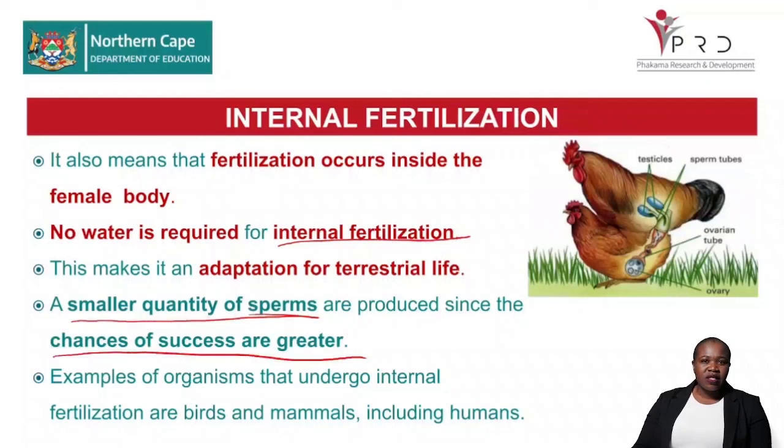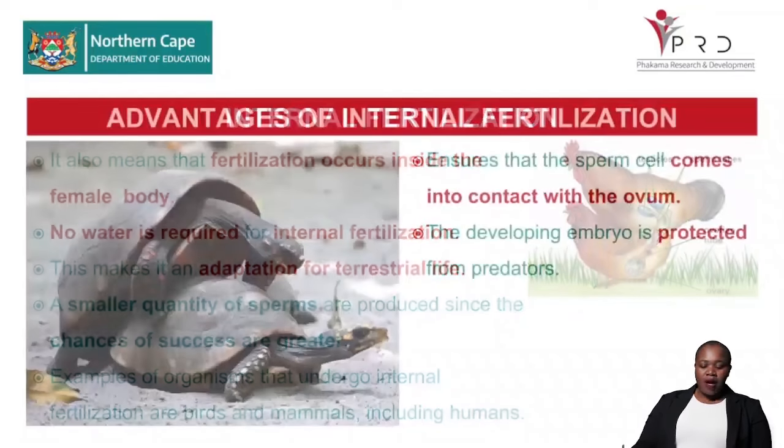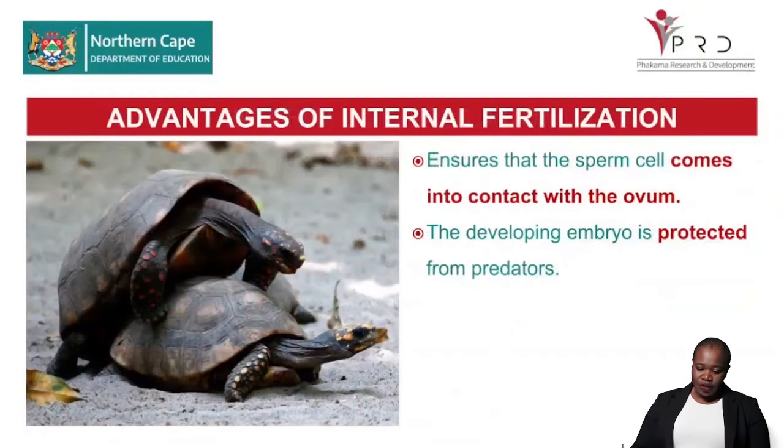So internal fertilization can be an advantage because the reproductive success here increases. The egg cell, the sperm cell are safe, and that zygote after fertilization has taken place is also safe within the mother's body. And examples here, we have mammals, we have humans, we also have birds that experience internal fertilization.